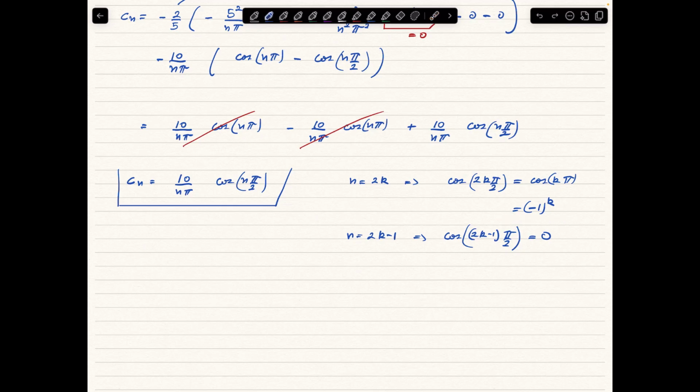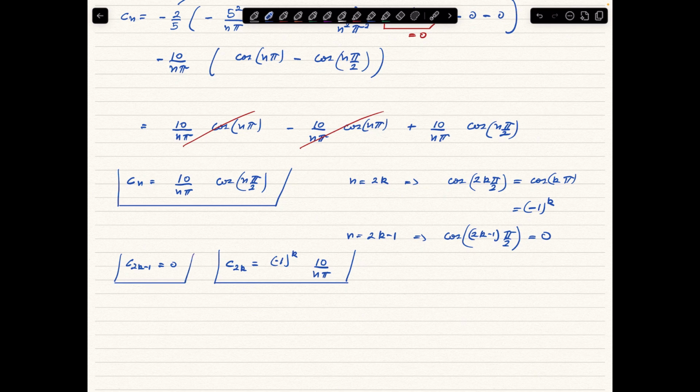So we can say that C2k minus 1 are 0, and C2k are of the form -1 to the power k 10 over n pi. Very simple. Half the coefficients are 0.